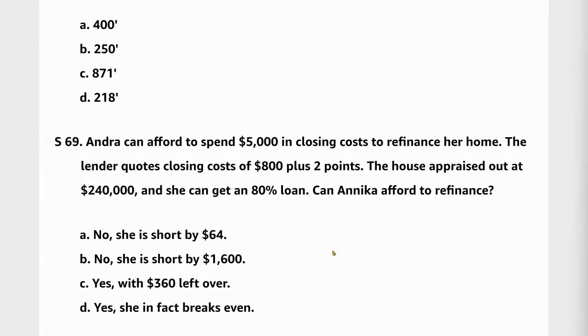The loan amount is 192, so 2% of that is what? 192 times 0.02 equals 3,840. However, now you have to add 800, because it says 2 points of the 80% loan plus 800.